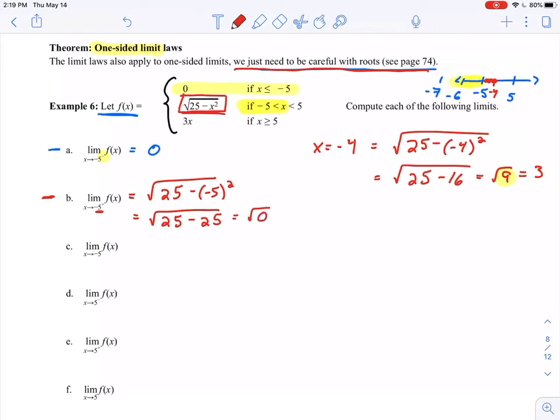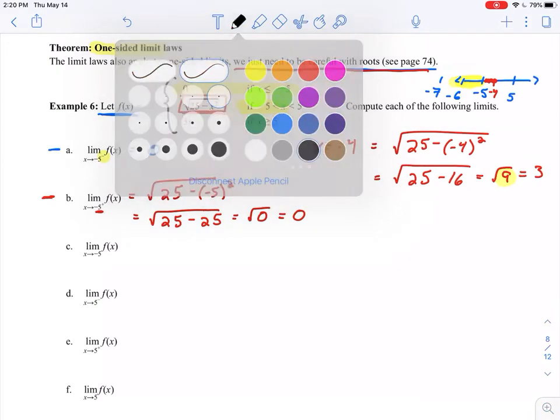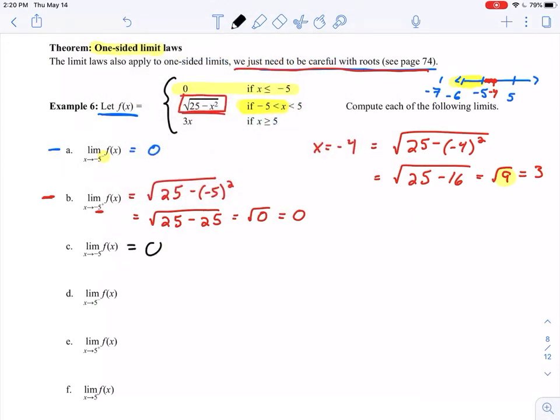So I have the square root of 0, which is 0. So I have 0 for the left-hand limit and 0 for the right-hand limit. When I go to talk about the two-sided limit at -5, because the left and right-hand limits were both 0, this two-sided limit must also be 0.